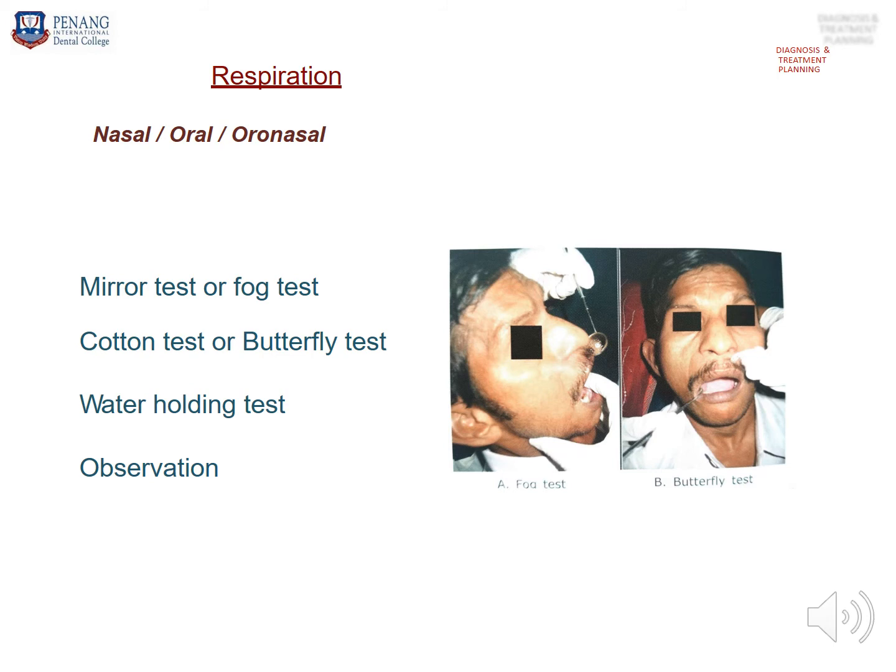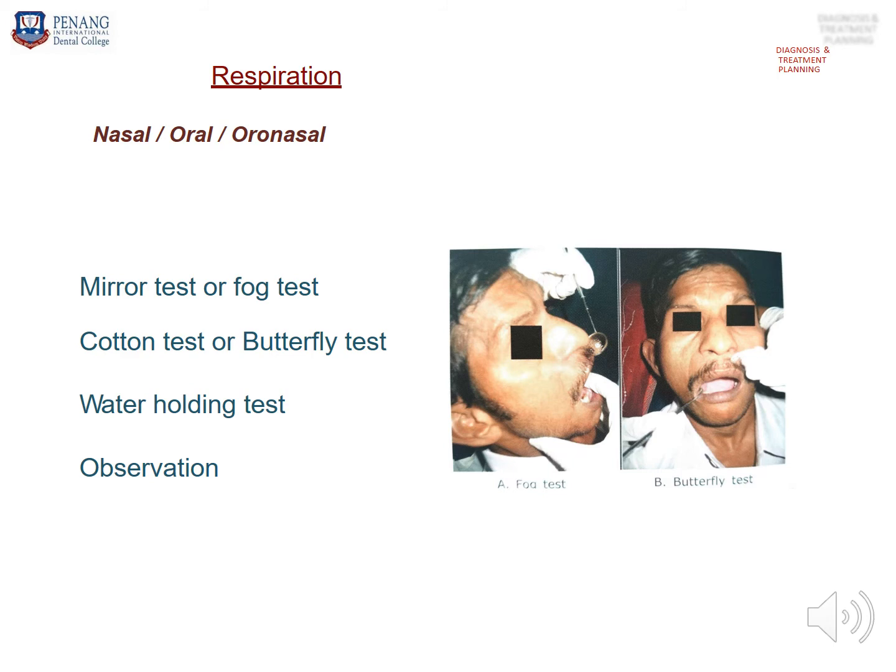So there are many tests that you can do. First, you can use a mirror test or fog test. This is a very simple test to see whether the patient is a mouth breather, nasal breather, or both. You can put the mirror at the patient's nose. If there is fogging on the mirror, it means the patient is a nasal breather.